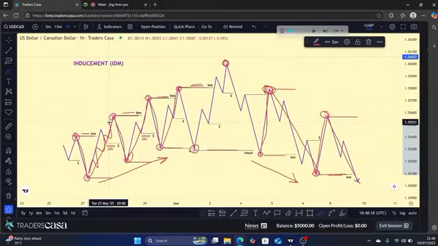It will be forming some minor pullbacks or some pauses inside the trading range, and in every high or low of a valid pullback, there is some liquidity resting above or below it, depending if it's a high or low. And that buy side or sell side liquidity, that's the liquidity that I'm talking about.